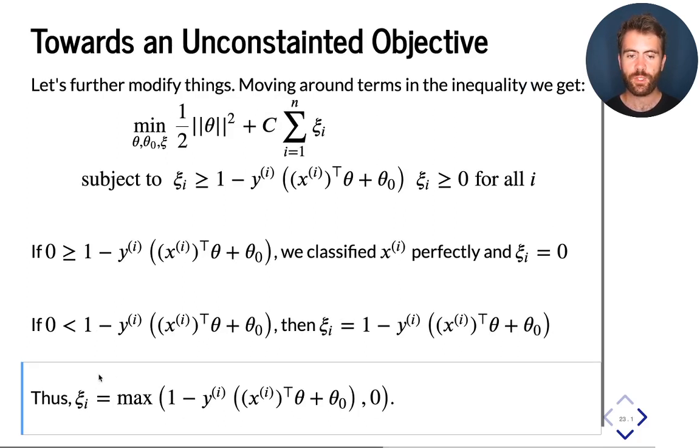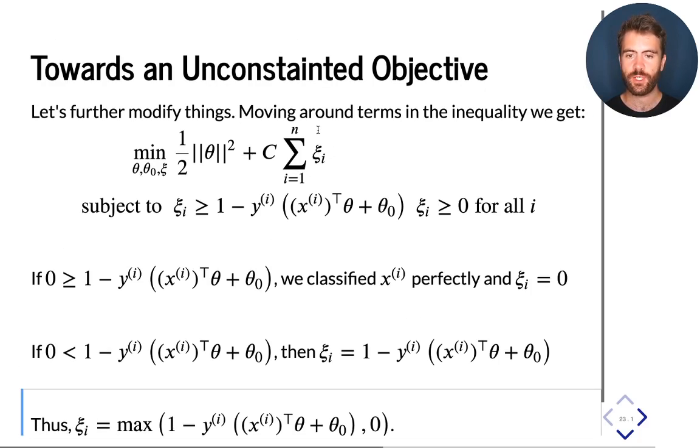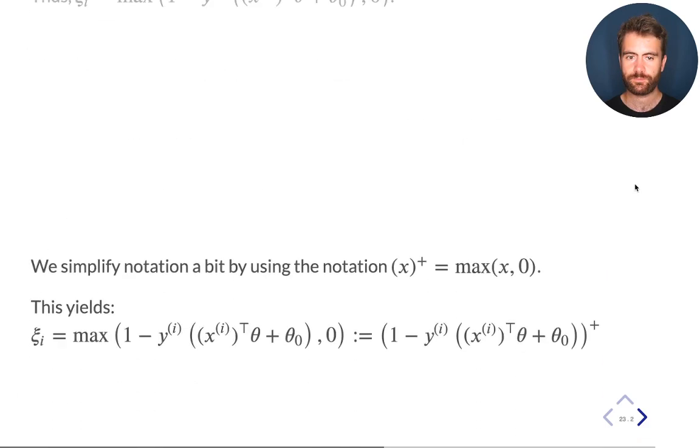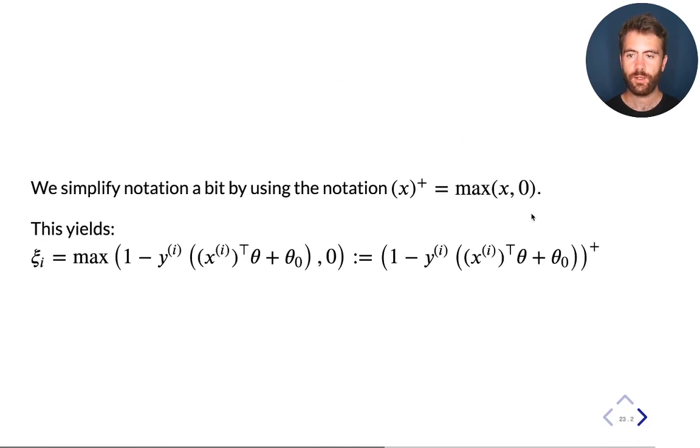And so given that we have this identity for xi, we can simply get rid of this constraint and use this expression for xi directly within this objective function. By the way, just to make things a little bit easier in terms of notation, I'm going to denote the max of x with 0 as simply x plus.